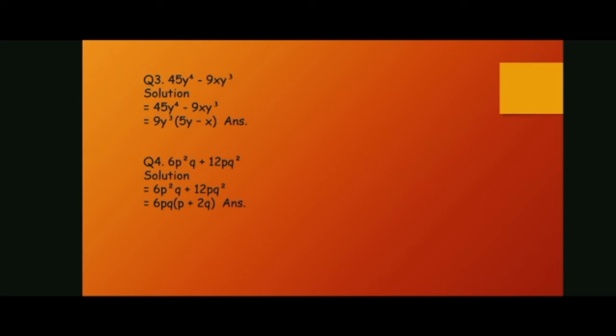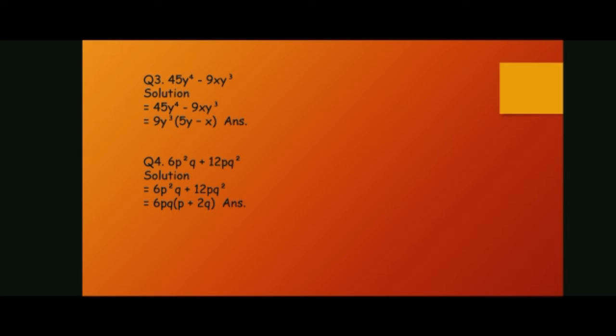Why 5y? Because 9 fives are 45. We have taken y cube as common, so the remaining term is y raised to the power 1. The second term is x, because 9 and y cube are outside the bracket, so the only term we are left with is x. So these are the factors of 45y4 minus 9xy cube.